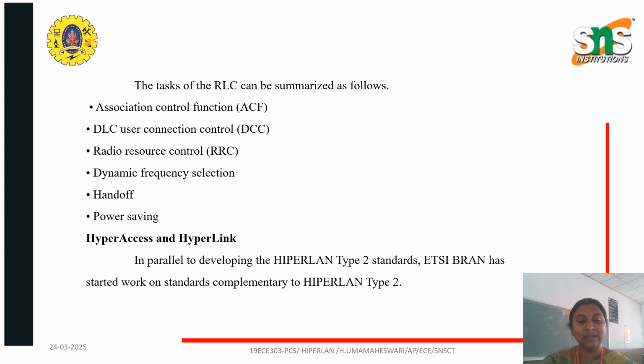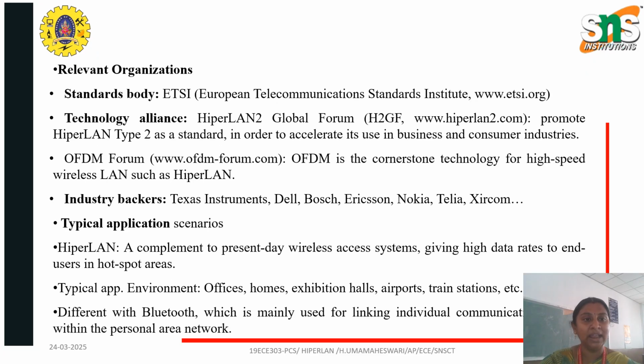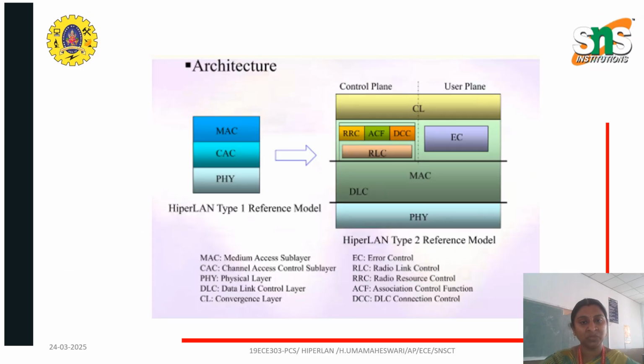In parallel to developing the HIPERLAN type 2 standards, work has started on standards complementary to HIPERLAN type 2. The relevant organizations and typical industry backers include Texas Instruments, Dell, Bosch, Ericsson, Nokia, Telia and Zericom. The main architecture of the HIPERLAN 2 reference model is shown here.